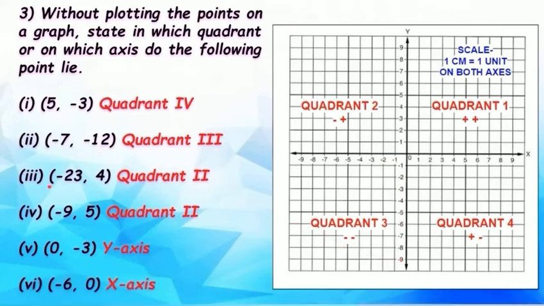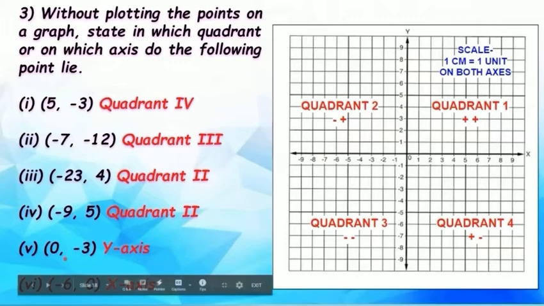Next is given to us (-23, 4). So the x coordinate is negative and the y coordinate is positive. Where do we have x coordinate as negative and y coordinate as positive? Right, in quadrant number 2. So this point (-23, 4) lies in the second quadrant.